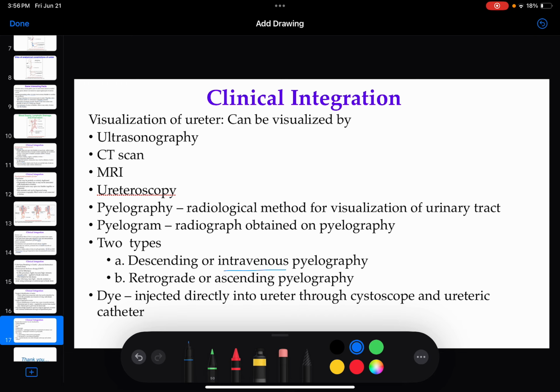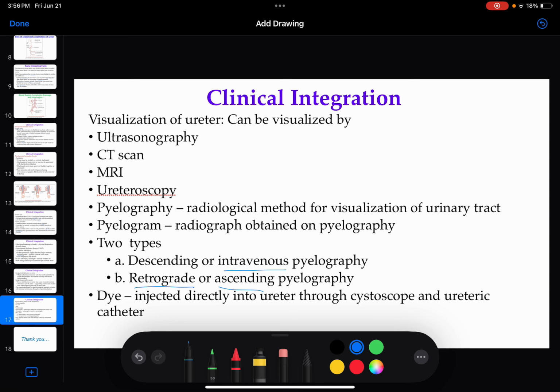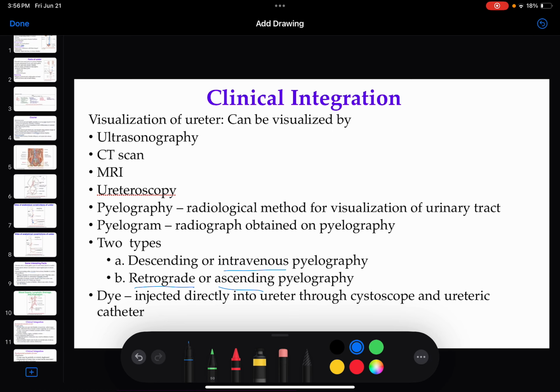We introduce the dye into the blood, so that it gets filtered in the renal system, and you can see the flow in the kidney, and you can see the patency or obstruction anywhere in the urinary tract. Another one is retrograde or ascending pyelography, which we do through the cystoscope. So dye is injected directly into the ureter through the cystoscope or ureteric catheter. So these are the things about the ureter.